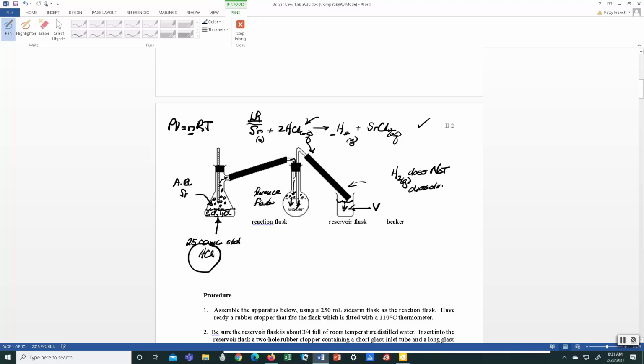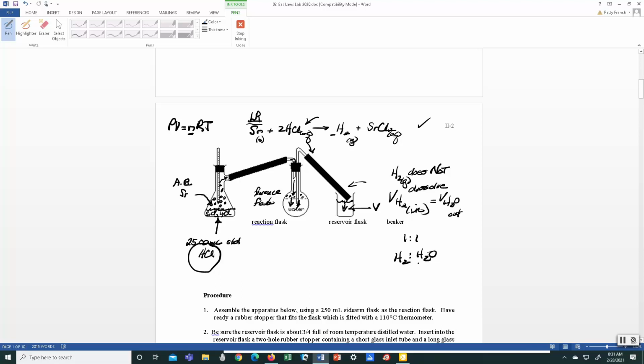Therefore, for every molecule of hydrogen gas that goes into the Florence flask, the same amount of water will come out. Okay, this will be 1-to-1. 1-to-1 hydrogen to water.